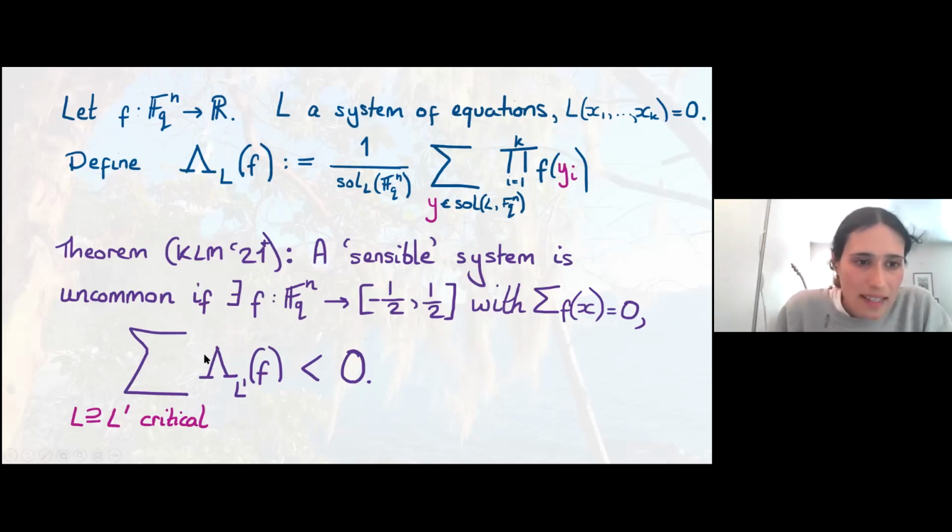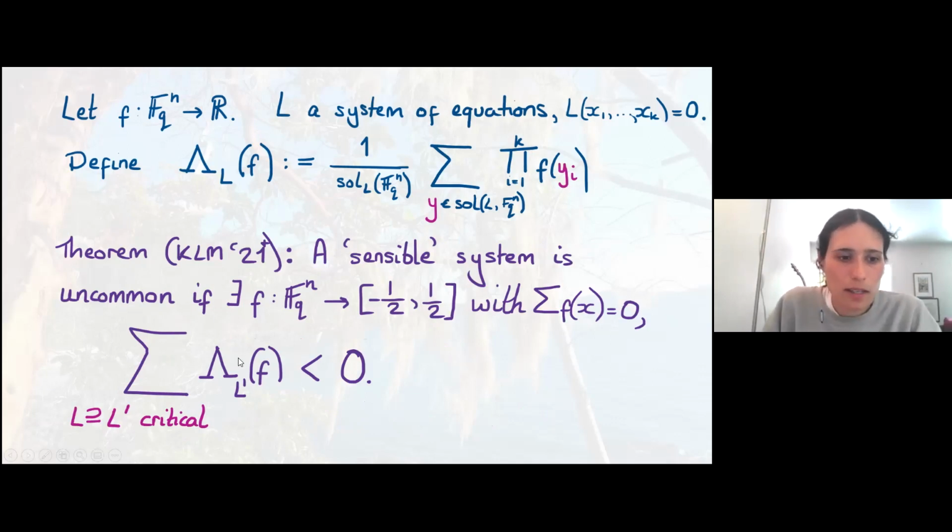Our main technical theorem, from which our other theorem follows, says that a sensible system is uncommon if there exists some function whose average is 0, such that, remember this is just the average weight of solutions under the function.